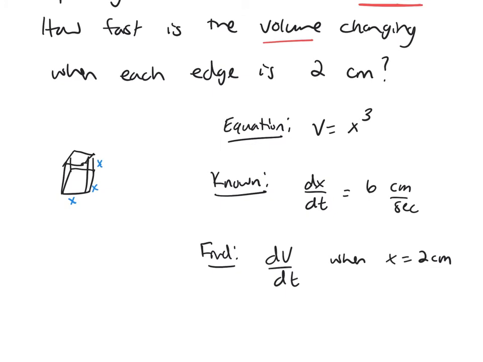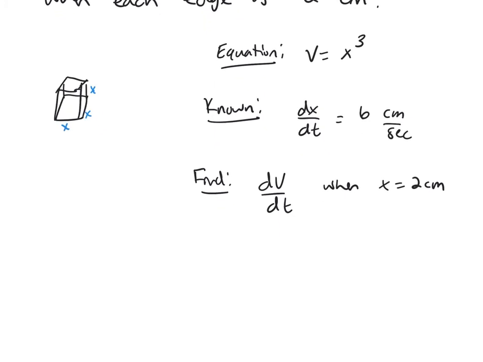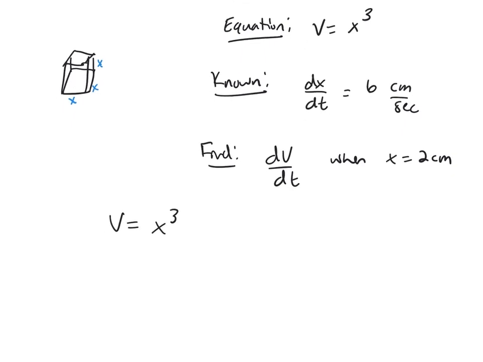So you're going to take your equation, V equals x cubed, and you're going to take the derivative of both sides using the chain rule. So dV/dt will be 3x squared dx/dt. And then we're going to plug in the things that we know.